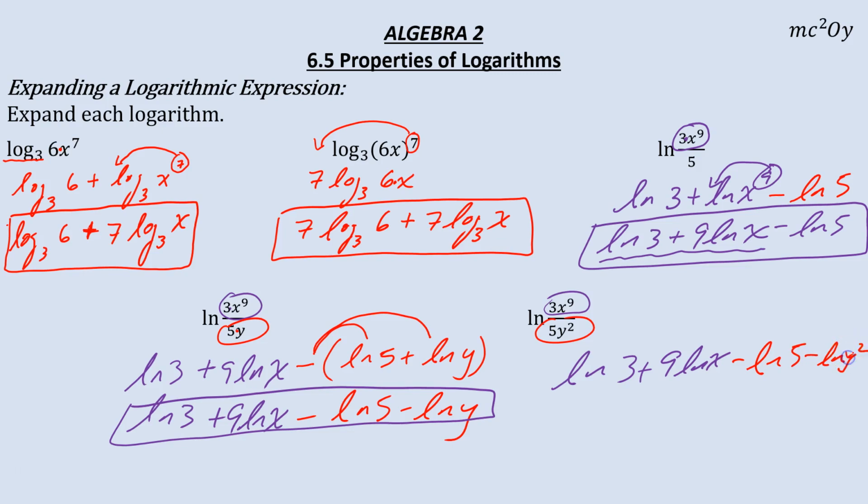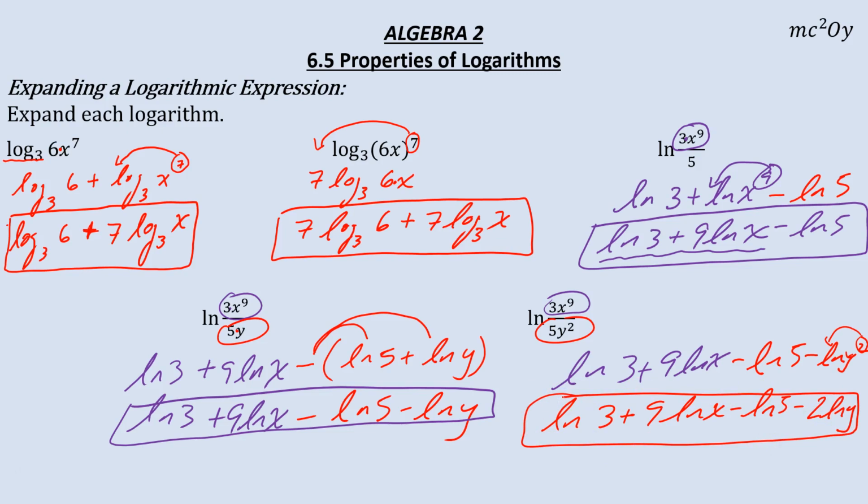The one extra piece here is we're going to have to bring that 2 out in front. So the end result: natural log of 3 plus 9 natural log of x minus natural log of 5 minus 2 natural log of y.